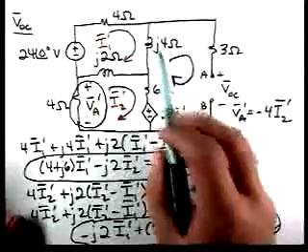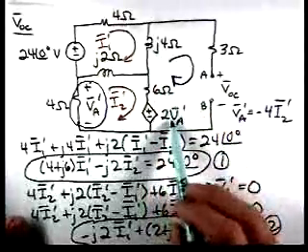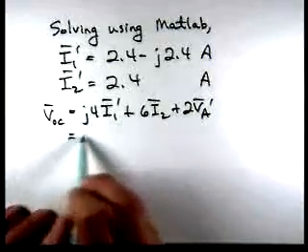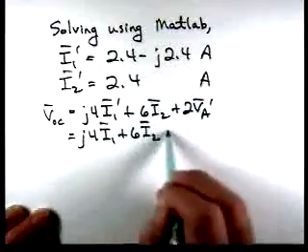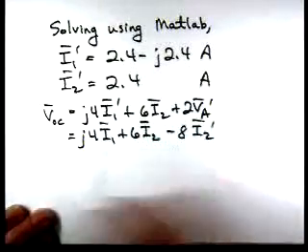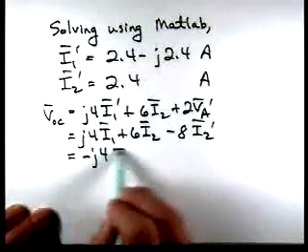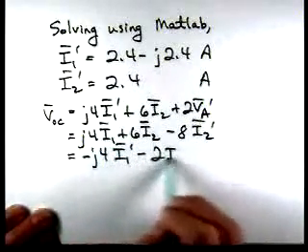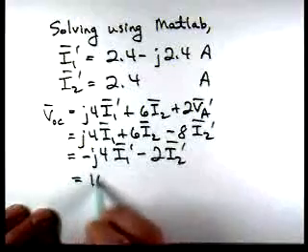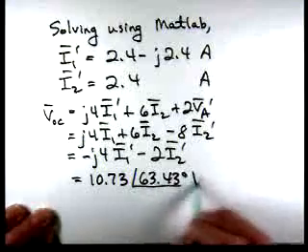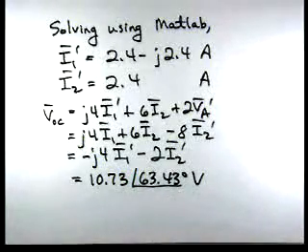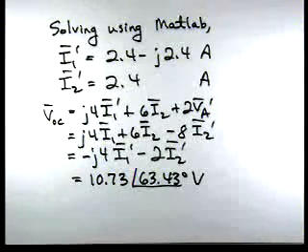J4 I1 prime plus 6 I2 prime plus 2 VA prime. And if we make the substitution for VA prime, so we have J4 I1 prime minus 2 I2 prime. That's 10.73 at an angle of 63.43. Okay, now that completes our calculation of the open circuit voltage.